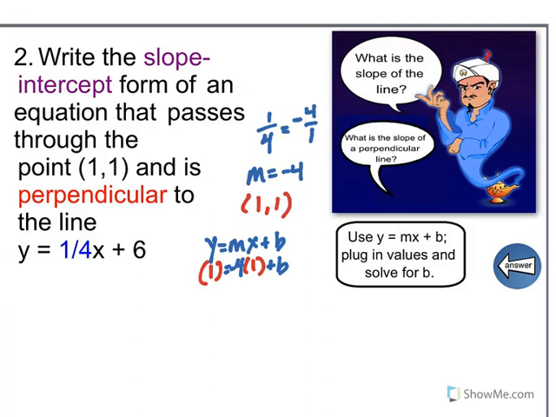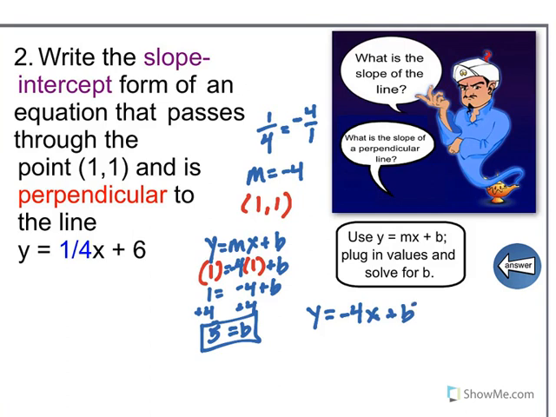And so we have negative 4 times 1, which is negative 4, plus b equals 1. Add 4 on both sides, and we get b is equal to 5. This gives me my y-intercept, and so now I can write my equation, which would be y equals negative 4x, that's my slope, plus 5, because we solved for it.